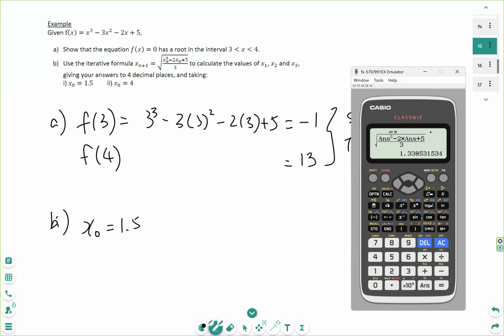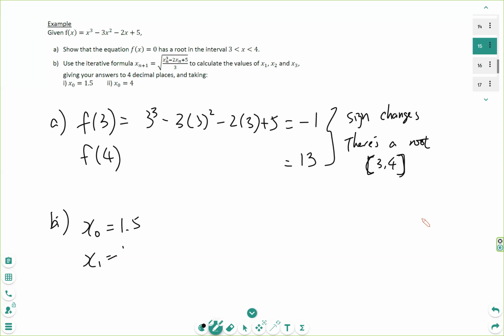And you get 1.3385. It's only 4 decimal places, so be careful with the question. Make sure you round it as well and press equal again. x2 equals 1.2545 and x3 equals 1.2200.